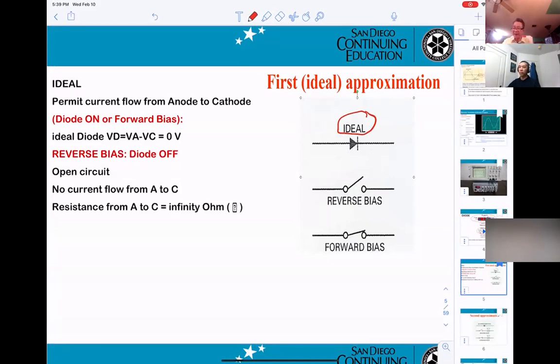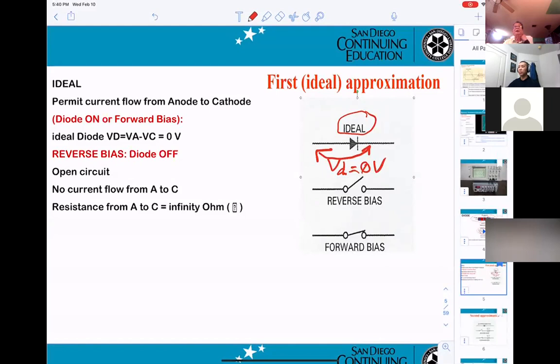Ideal diode means the voltage across the diode here, VD, equals 0 volt. That means no voltage, no leak. And the diode can only be off or on.